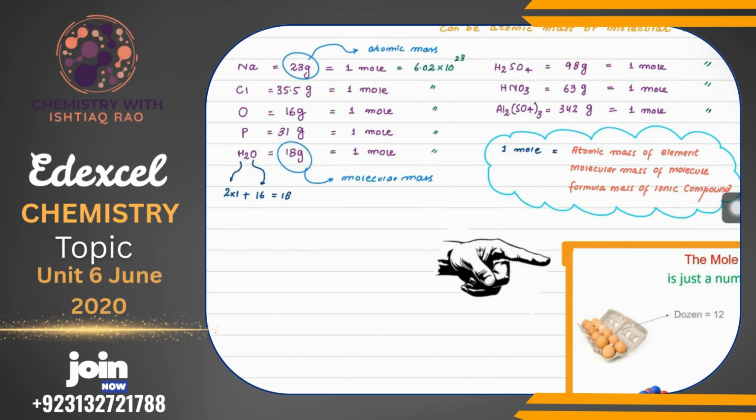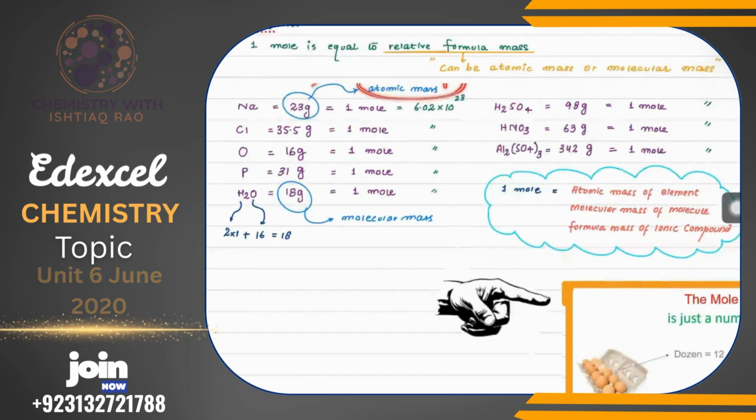If you have sodium metal, lithium, potassium, rubidium, cesium, copper, scandium, titanium, gold, any metal like sodium, I am supposed to use the term atomic mass. Hopefully you are getting my point. I'm supposed to use the term atomic mass, isn't it?